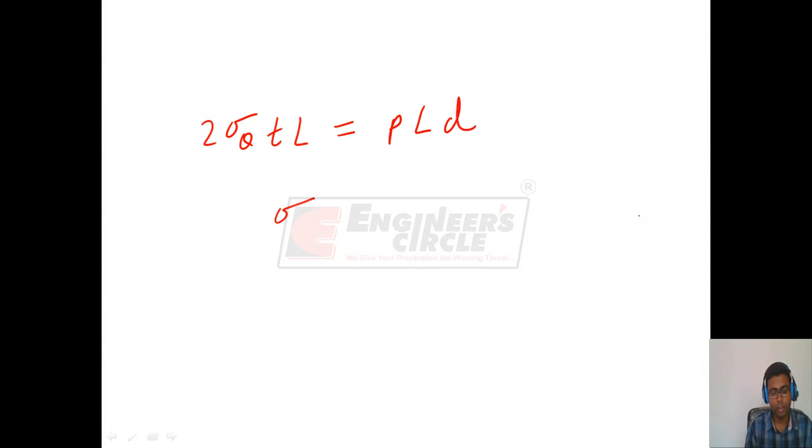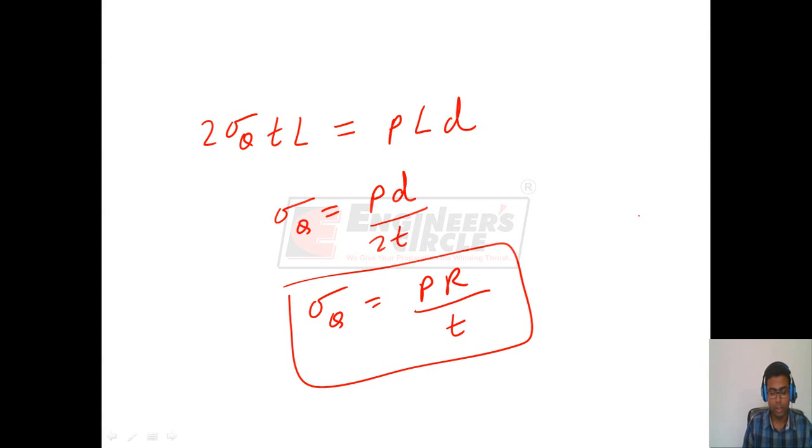Therefore we can write 2 sigma theta T into L is equal to P into L into D. Therefore we get sigma theta is equal to PD by 2T. So this we get as PR by T. So this circumferential stress is also called as hoop stress.